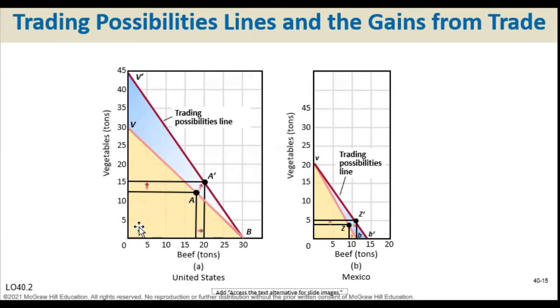Now with the trade, you see that the attainable area is greater than before the trade. Looking at the trading possibility line, the original one, right? The production possibility line and the trading possibility line. So the trading possibility line rotated outward, giving the country more attainable area. So the economic growth. And if you look at Mexico also, Mexico's attainable area also expands compared to before the trade.